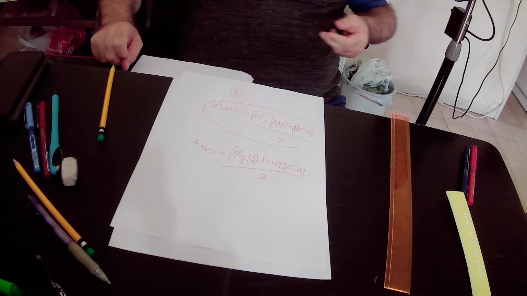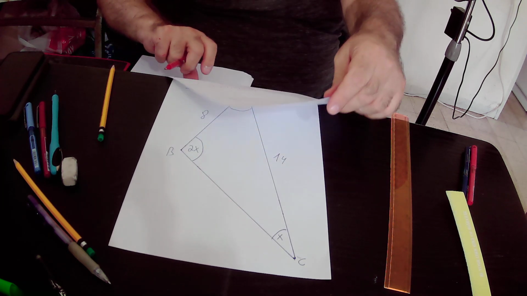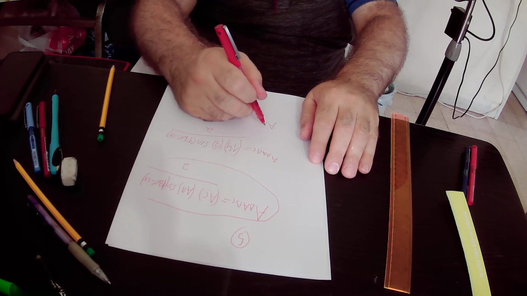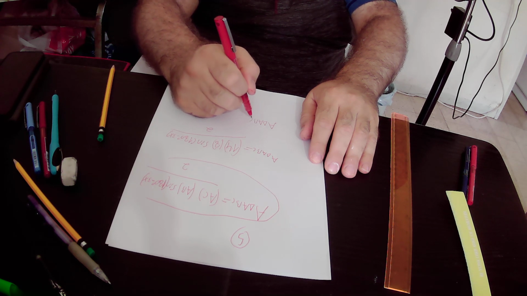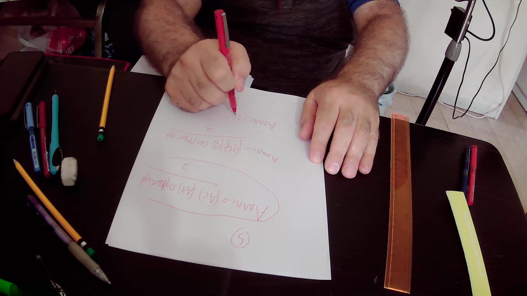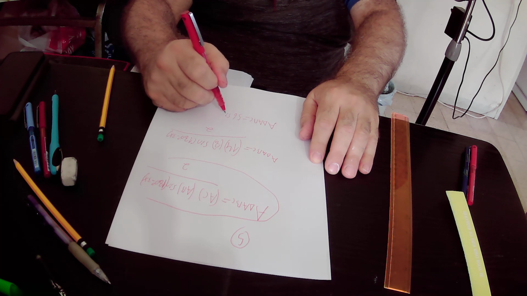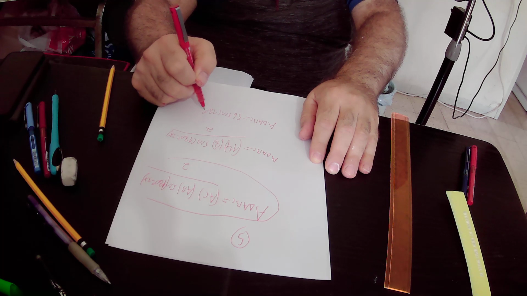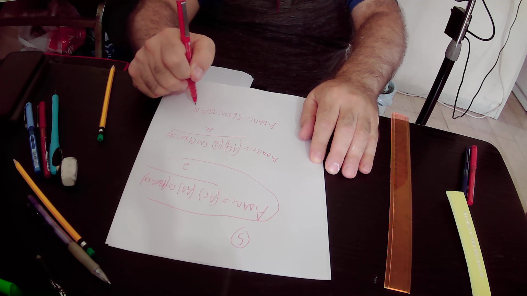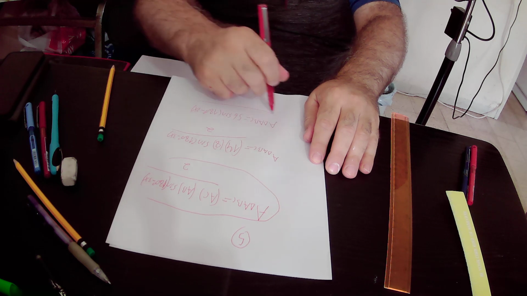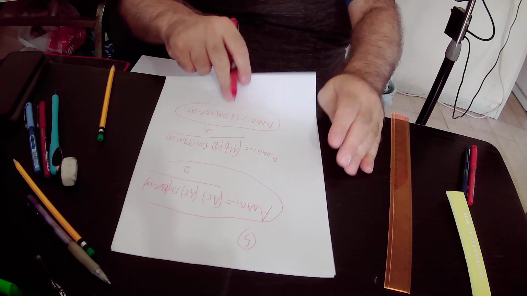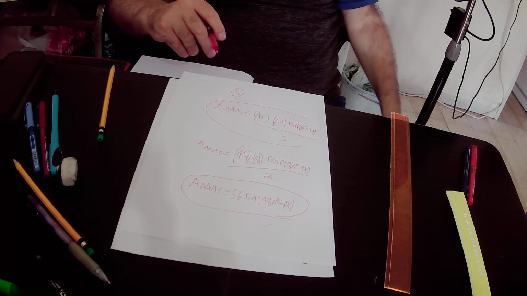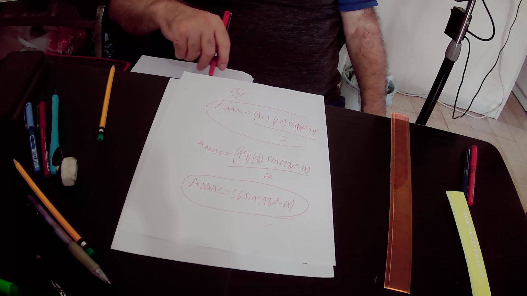So I will write it down: the area of triangle ABC equals 56 times sine of 180 degrees minus 3x.